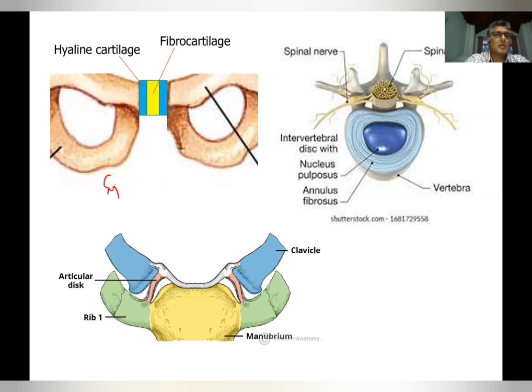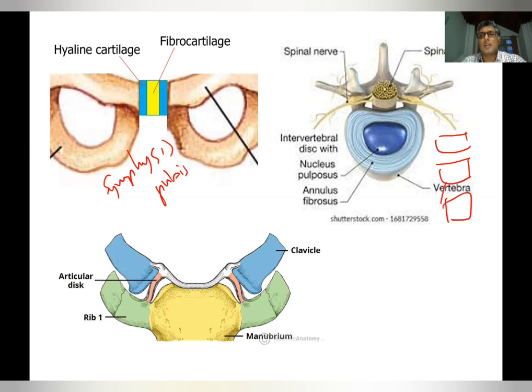So all midline joints have this arrangement, not only the symphysis pubis. Then intervertebral discs: between the vertebral bodies of the spine, you get intervertebral discs.